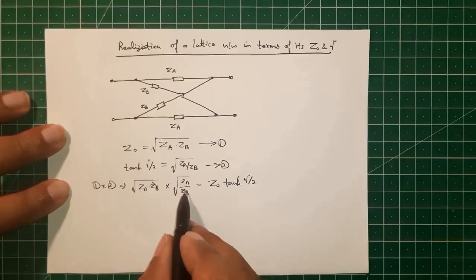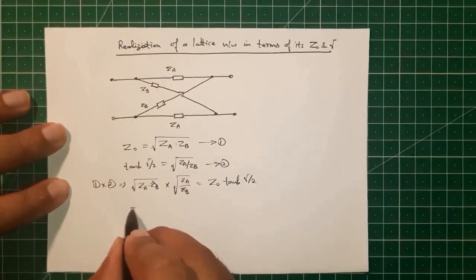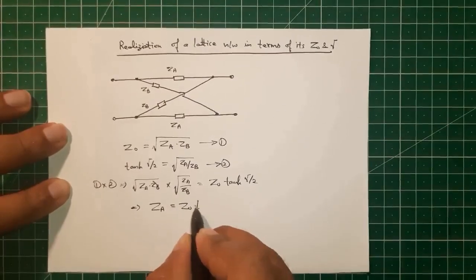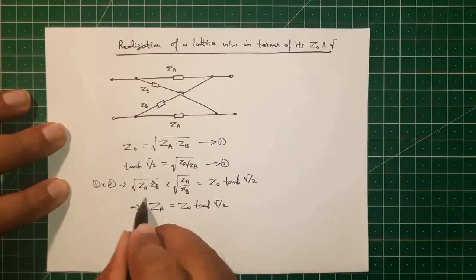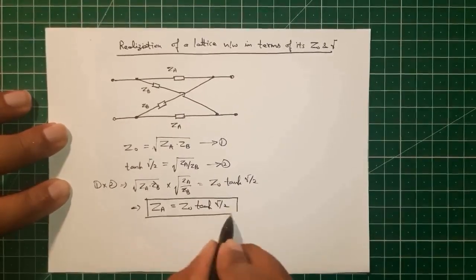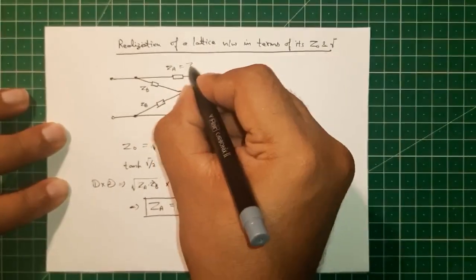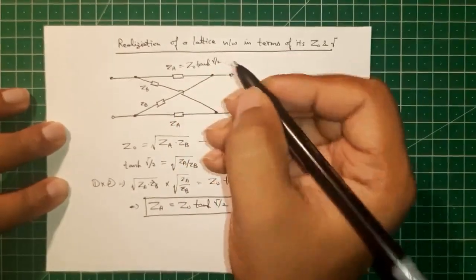So we have square root of ZA into square root of ZA, so it is ZA on the left hand side. So ZA is equal to Z0 tanh gamma by 2.